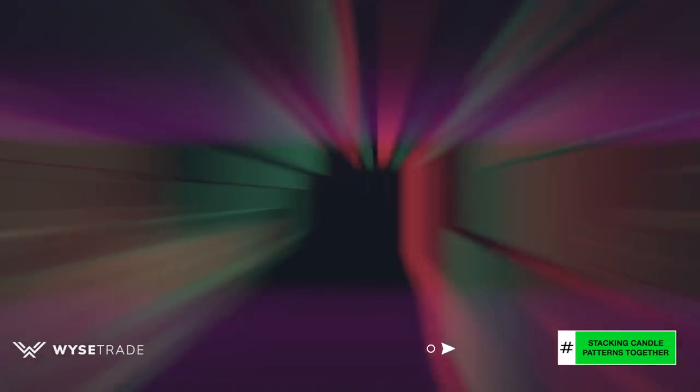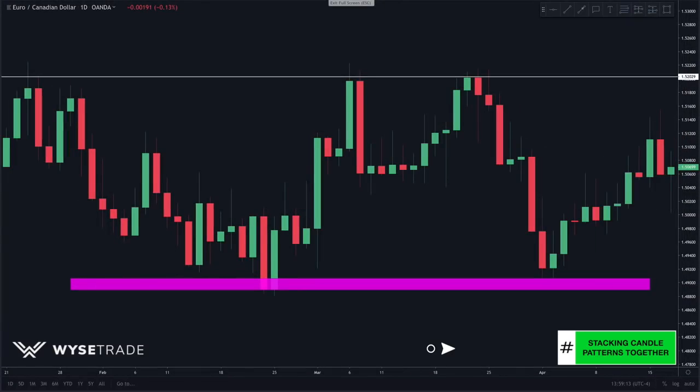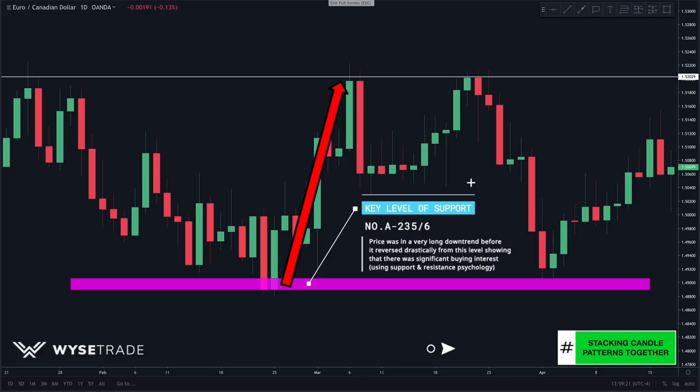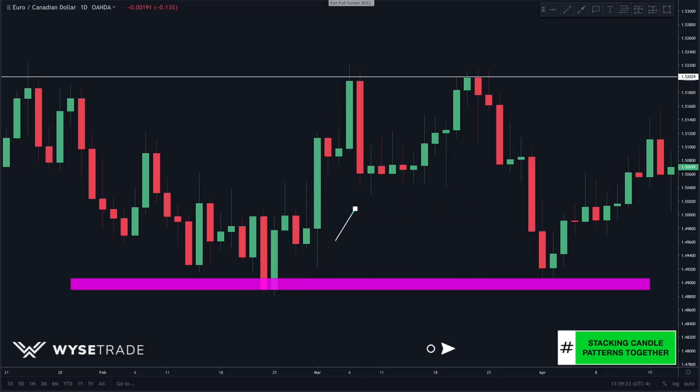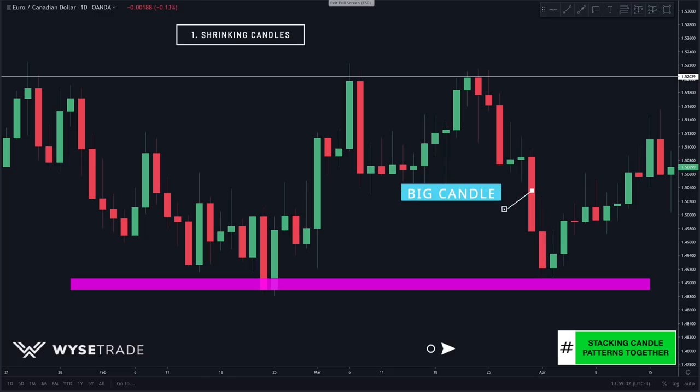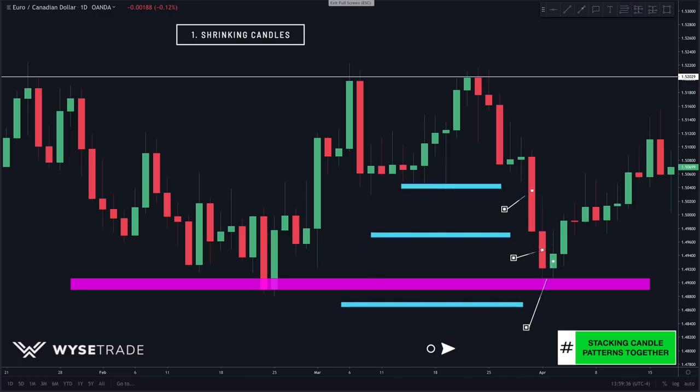So moving on. Here's the Euro CAD, and again we look left and notice that price was in a heavy downtrend before finally there was a significant reversal that occurred, which signals to us that this is a key level. Now, as price came back down to this level, what price action candlestick patterns did we have? First, we had momentum loss through shrinking candles, as we had a big candle, a smaller candle, and then an even smaller candle.